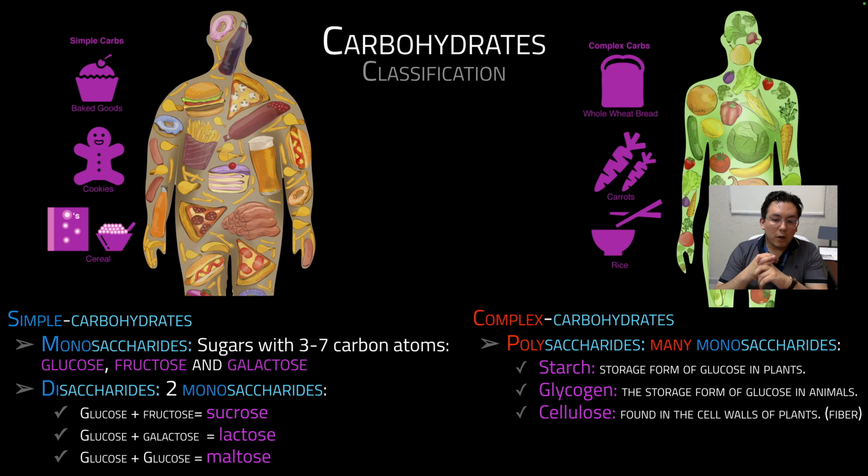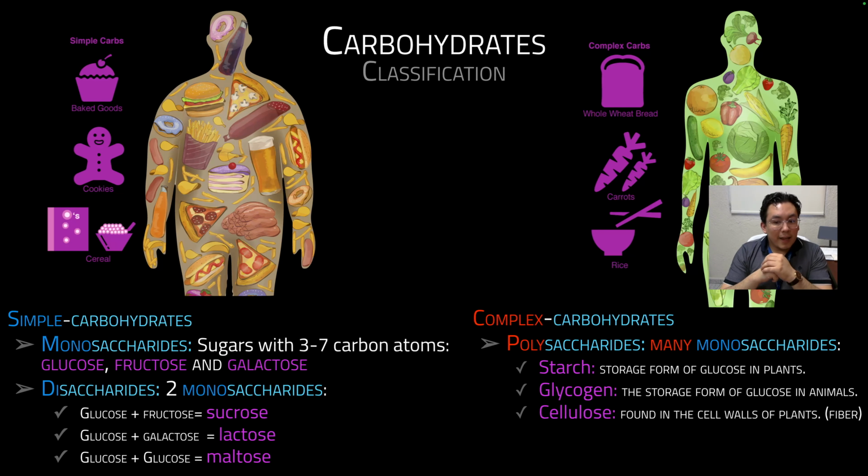Both of these, starch and cellulose, come from plant origin. The difference is that cellulose is also known as fiber. So when we eat fiber for our digestion, we're actually eating cellulose, which is found in the cell wall of the plants. And we'll learn more about these structures later in the semester.